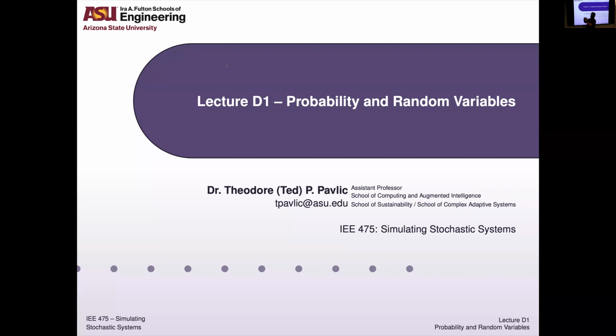Probability is going the other way: how do I model something using a probabilistic distribution? So probability doesn't necessarily involve any data. Once you get data involved, that's statistics. Statistics is going from data to a model, and probability is going from a model out. We'll hopefully get a better idea of that distinction as we go on.